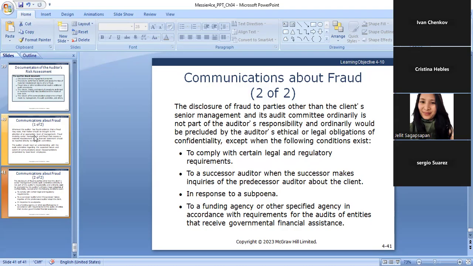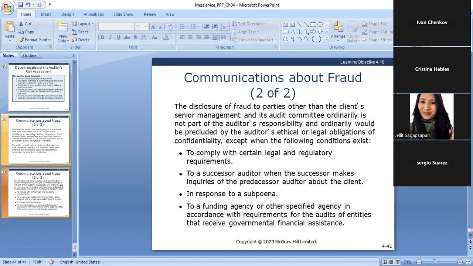The disclosure of the fraud to parties other than the client, senior management, and the audit committee is ordinarily not part of the auditor's responsibility, and ordinarily would be precluded by the auditor's ethical and legal obligations, except when the following conditions exist: to comply with certain legal and regulatory requirements, and to a successor auditor when the successor makes inquiries. So if we withdraw from the audit and the new auditor comes, we can disclose those matters to the one who is taking over.